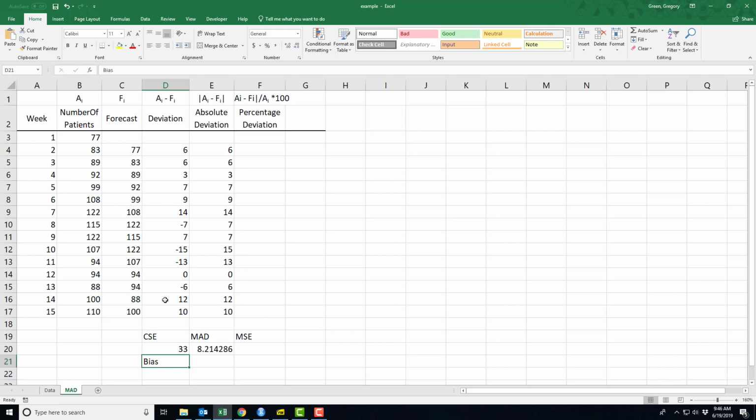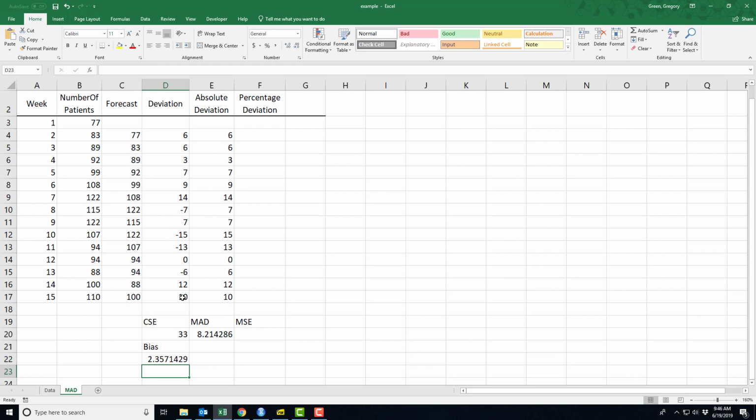Or another way of getting to how bad the forecast is is to calculate the bias, which is just the average of these deviations. So positive, just like the cumulative sum of error was positive, because it's showing the exact same thing.